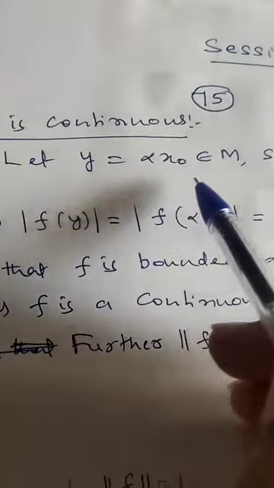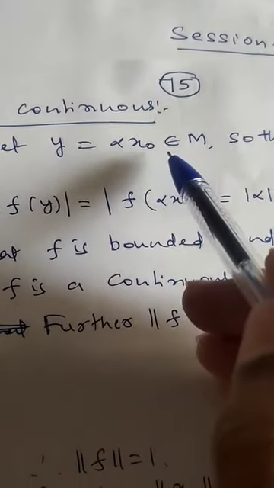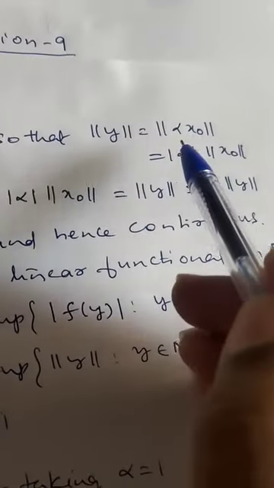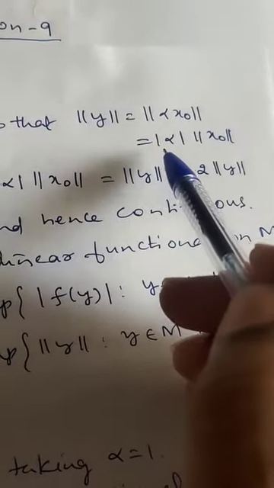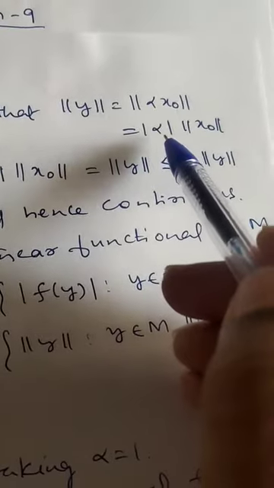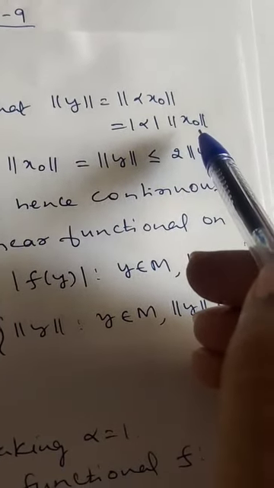Next we show that f is continuous. Say you take some element y belonging to M. That means y is equal to alpha x0 belonging to M. Then norm of y is norm of alpha x0, which we can write as mod of alpha times norm of x0.